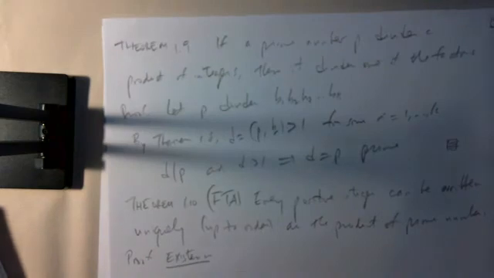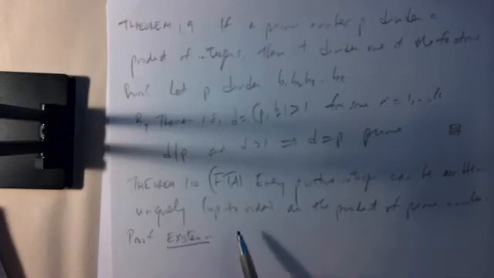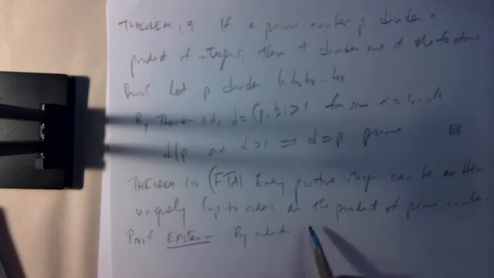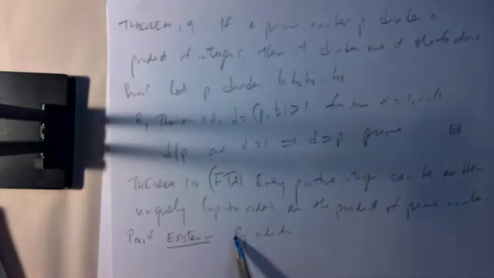And the proof, well, this proves the existence of a factorization into primes. So we can do this by induction. 1, you can think of as the product of no primes, but if you don't want to worry about 1, 2 is equal to 2.